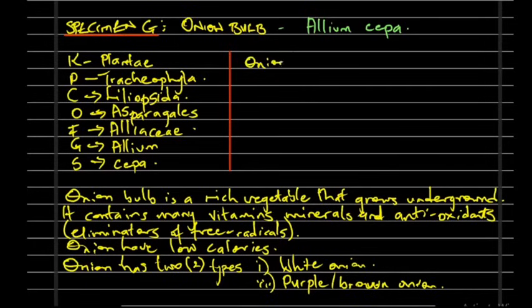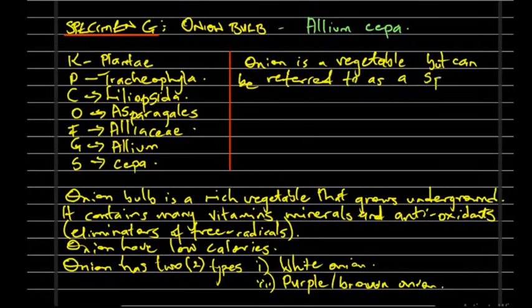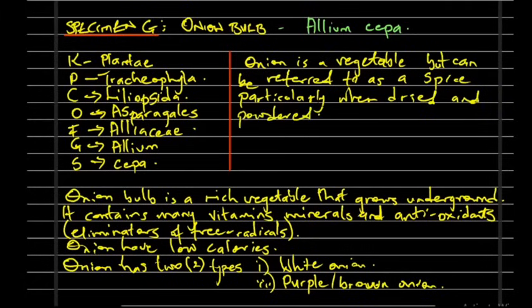Onion is a vegetable, like I said earlier on, but can be referred to as a spice, particularly when it is dried and powdered, when it has been ground, so it can be seen as a spice. So that's that about onion.